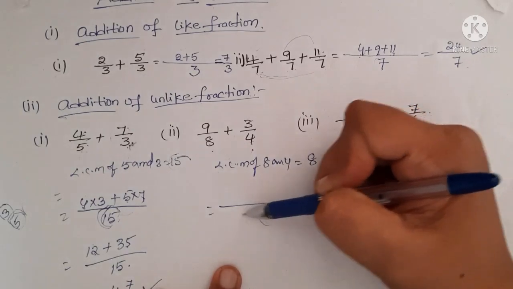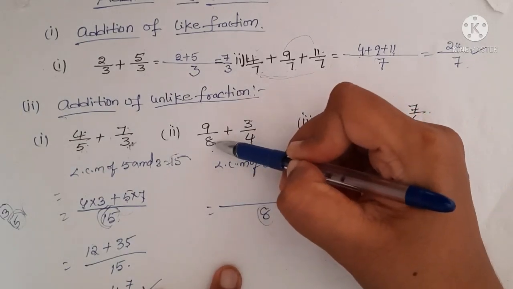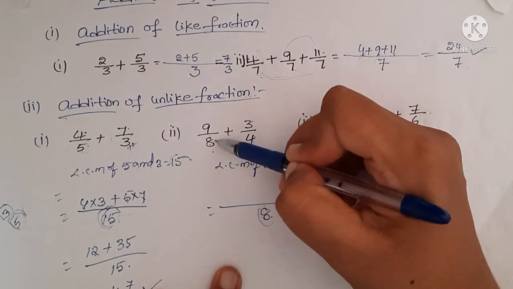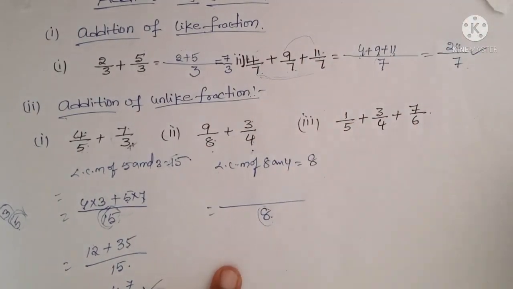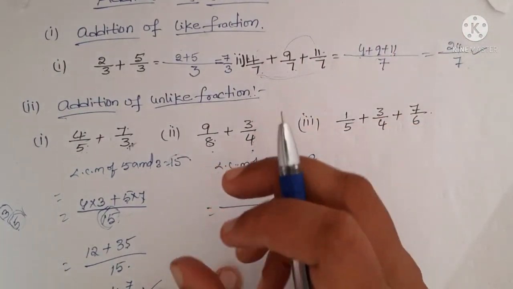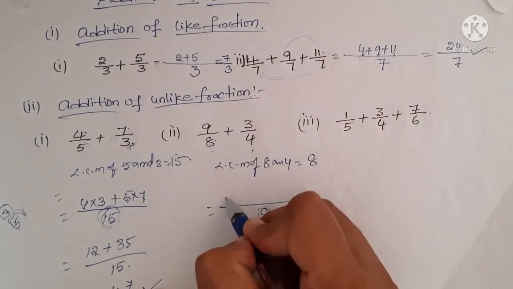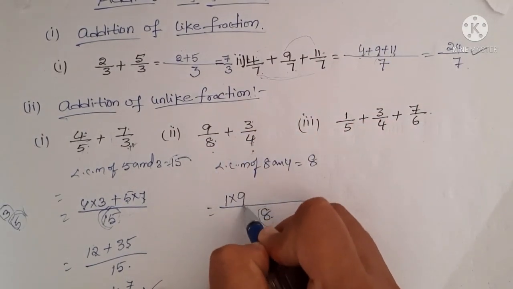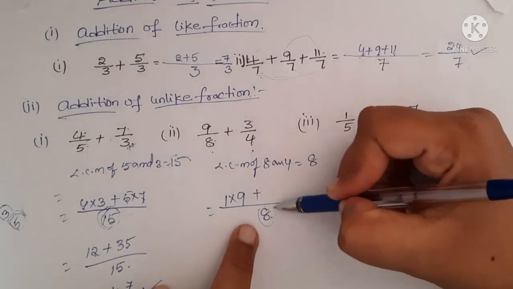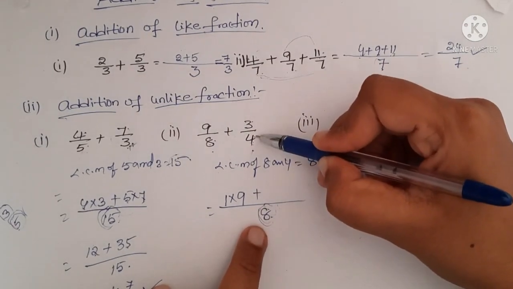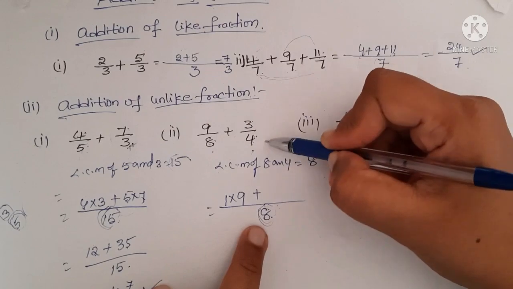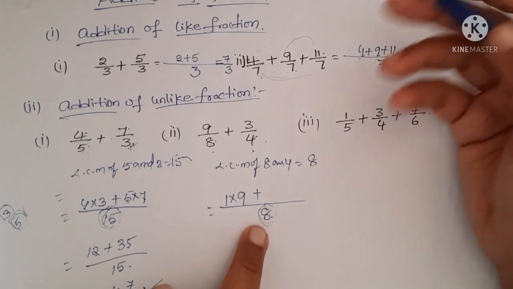First, 8 is divided by this 8. How much? 8 divided by 8 you will get 1, right? So 1 is multiplied with the numerator, that is 9. What will we get? 1 into 9 right here. And again 8 is divided by 4. How much? 8 divided by 4 is equal to 2.